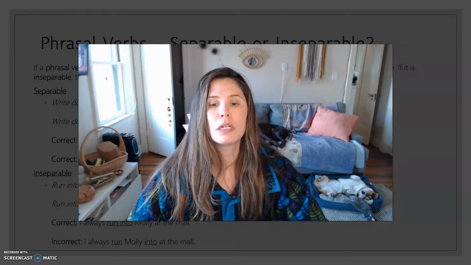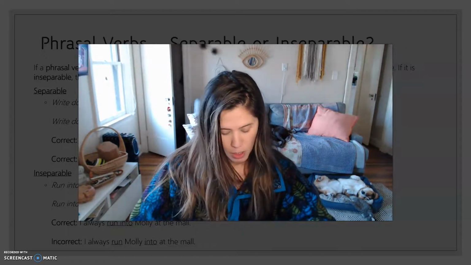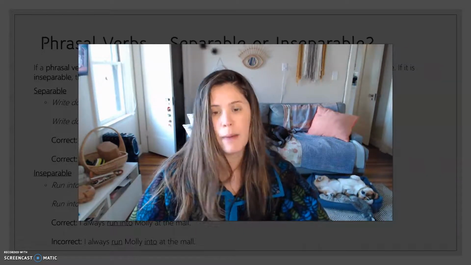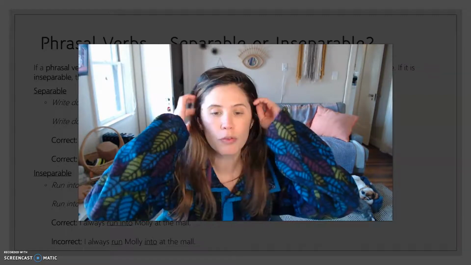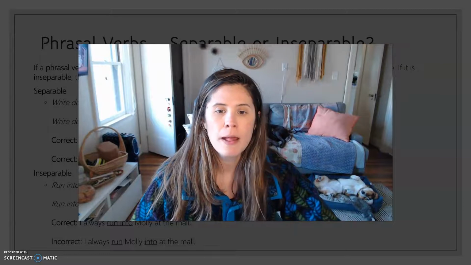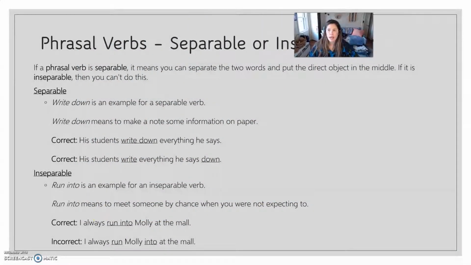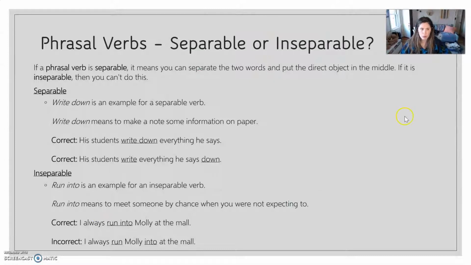So I want to give you a couple of rules about using phrasal verbs, okay? So phrasal verbs can be both separable and inseparable, okay?